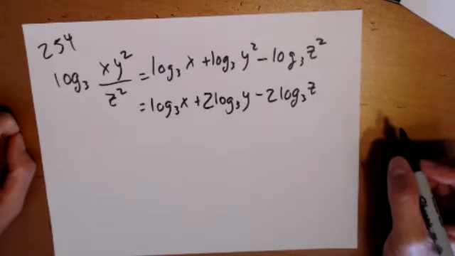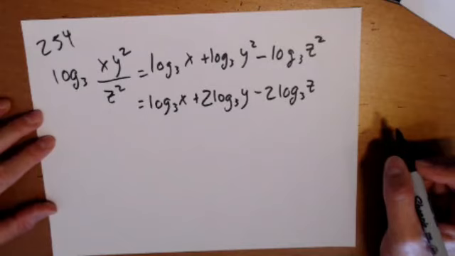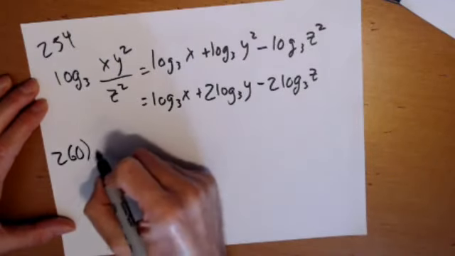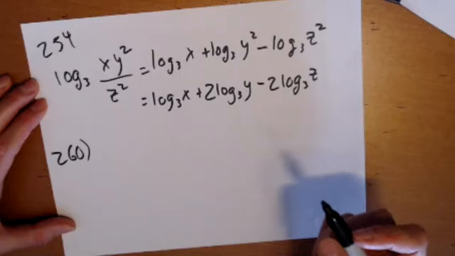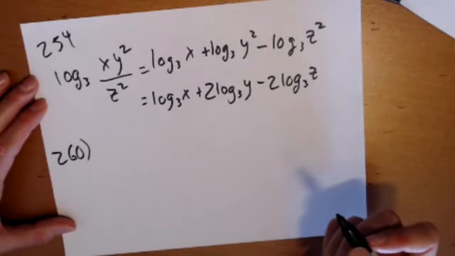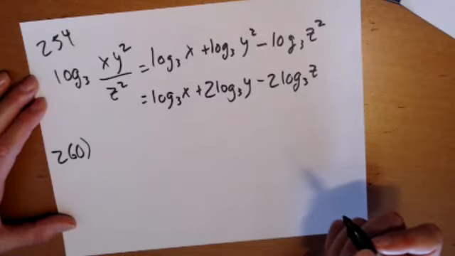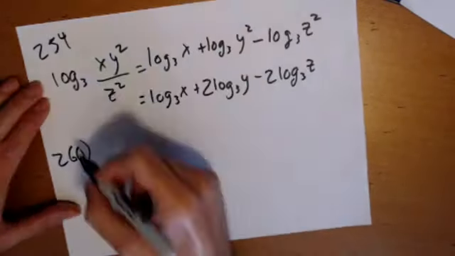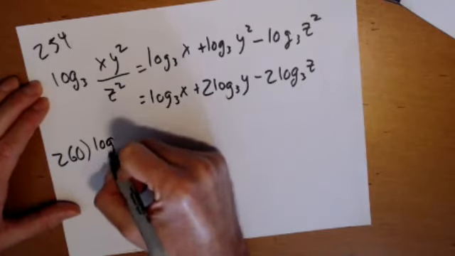Do they get more interesting? Easy. Remember, square root is just half power. Cube root is just third power. Let's just jump to 260. Am I going to need more room? I'll try and fit it all in here.